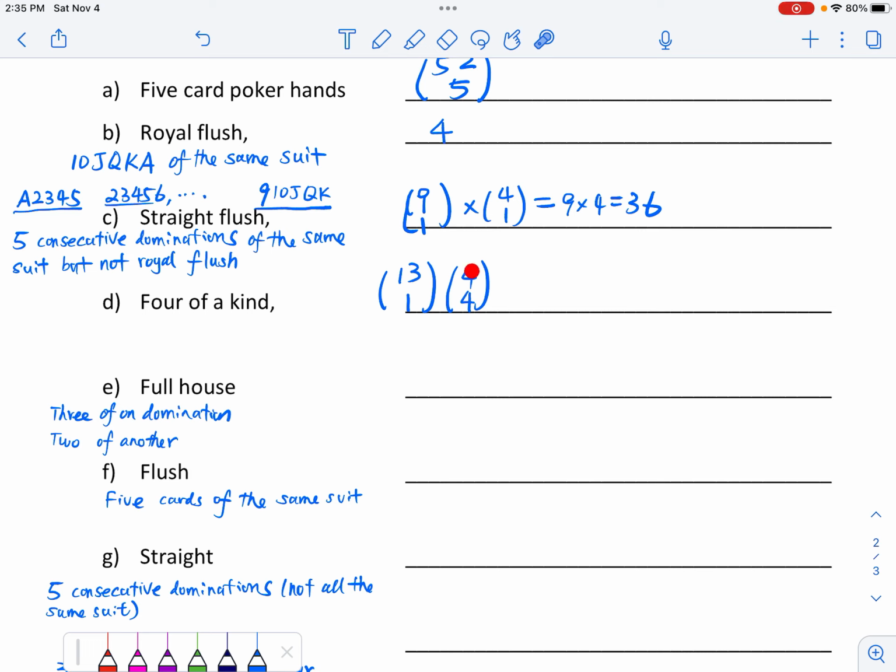So 4 choose 4. Sometimes this can be skipped. And now for the very last card, because four cards are gone from the 52, you're left with 48 cards, and any one from the 48 remaining cards can be chosen. So this is the four of a kind.